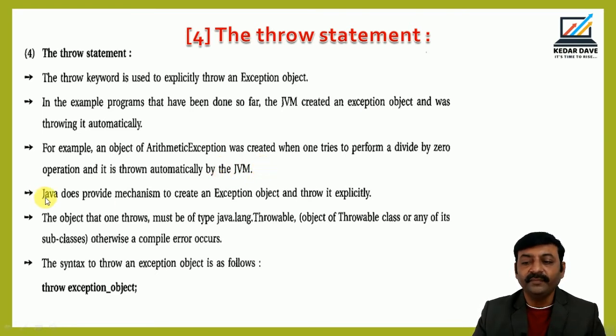So Java provides the mechanism to create an exception object and throw it explicitly. The object that one throws must be of type java.lang.Throwable, that is, an object of the Throwable class or any of its subclasses.